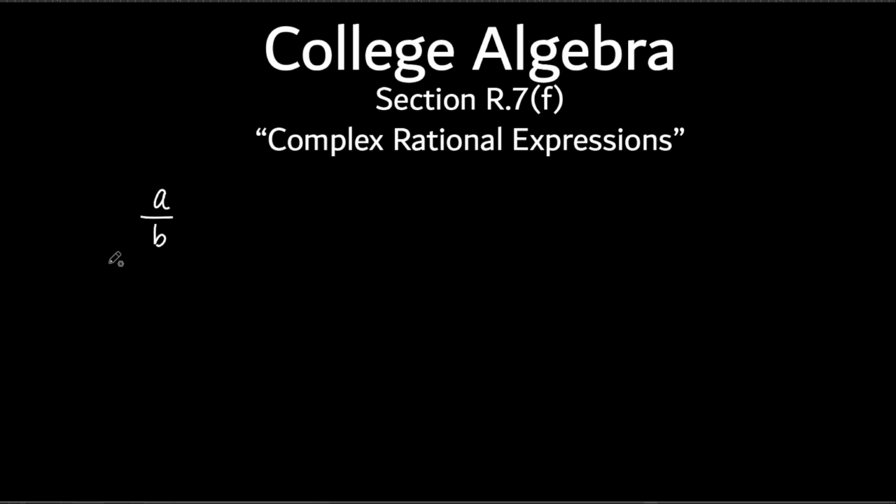But we show division by a fraction. So you have a fraction being divided by another fraction. Everybody see that? So this right here would be considered a complex expression. I guess you could call it rational, sure, because it's a fraction. Complex rational expression. It's a fraction being divided by another fraction.